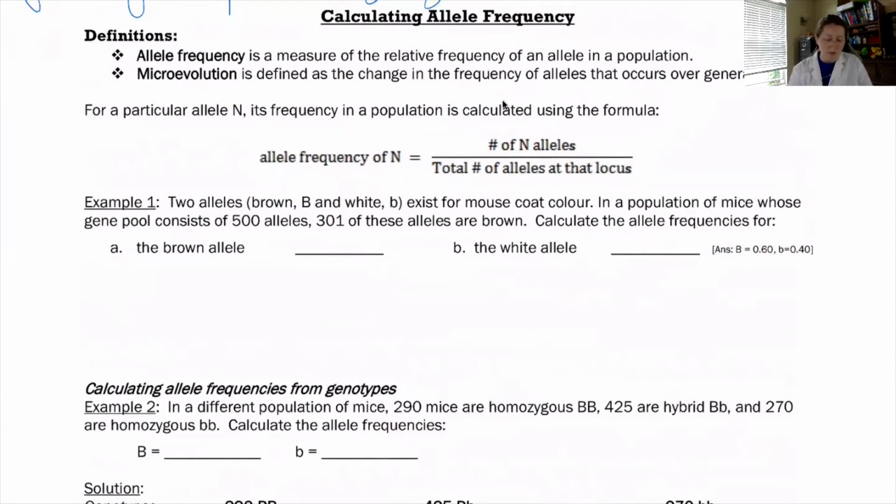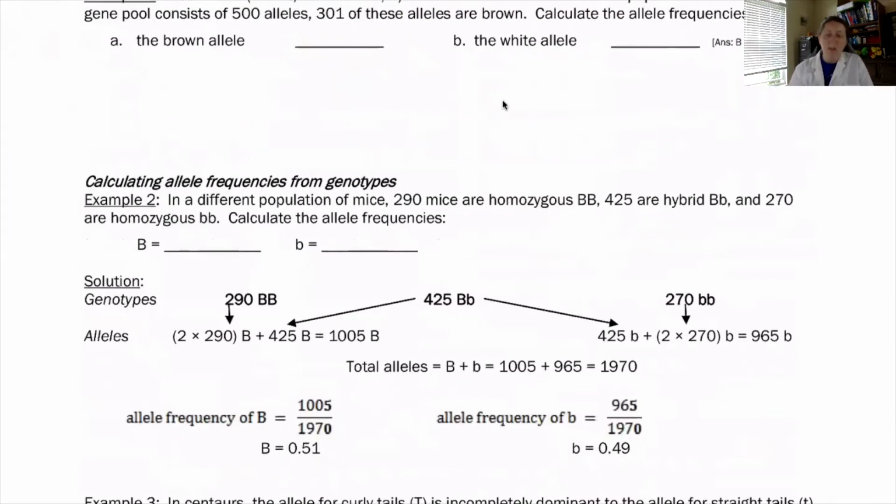In a population of mice whose gene pool consists of 500 alleles, 301 of these alleles are brown. Calculate the allele frequencies. So to find the allele frequency, you take what you want and divide it by the total. So frequency is what you want, so whatever the question is asking for, divided by the total amount. So in this case, what we want is the brown allele frequency.